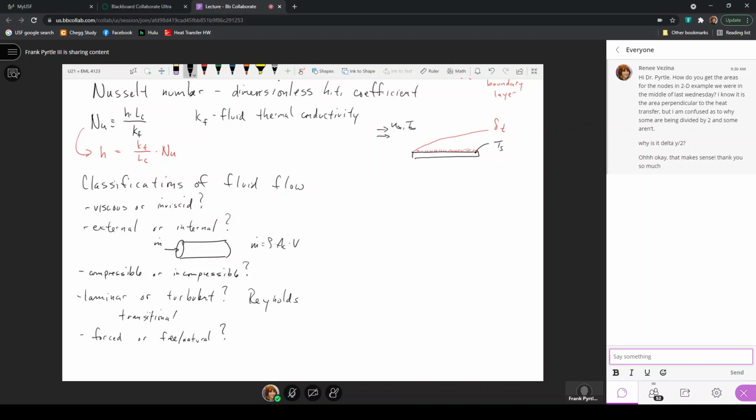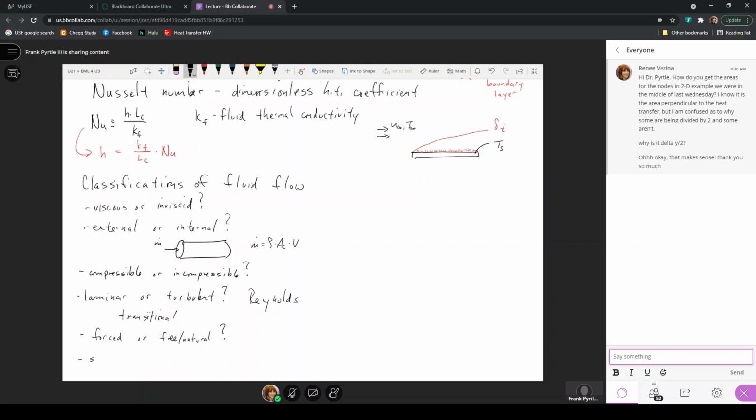We could consider wind to be used to force, let's say, air. If it's free, that just means that there's no wind blowing, there's no fan blowing, but the air starts to move in the opposite direction of the gravitational field, so upward, due to buoyancy forces that are exerted on the fluid by the surrounding colder or cooler molecules.